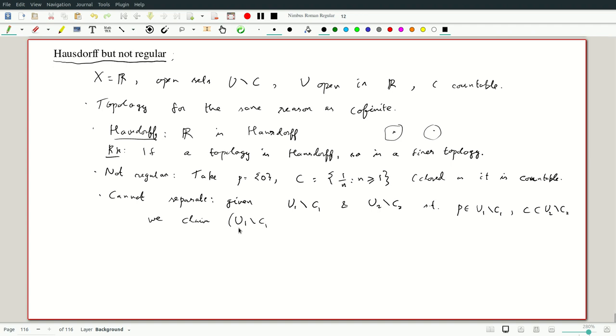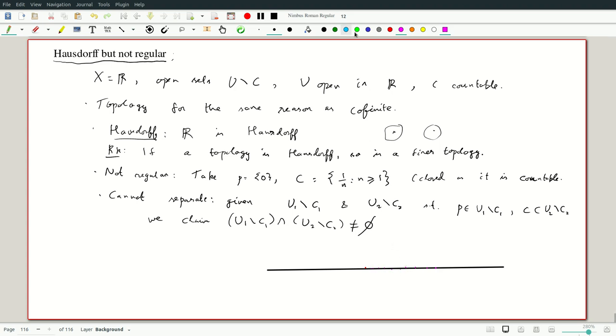So (U1 minus C1) intersection (U2 minus C2) is not empty, whereas an empty intersection is what separation would require. So here's the line, and we have the point 0, and then we have a whole bunch of points that approach it.